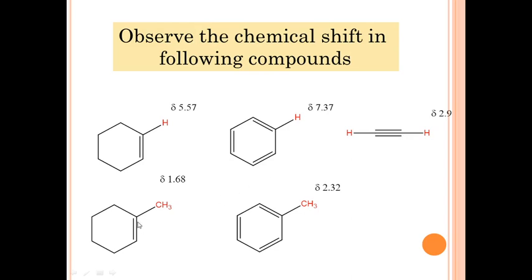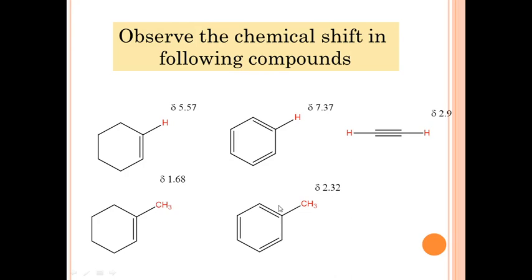In the third example, this methyl group of this cyclohexane shows chemical shift at 1.68, whereas this methyl group shows chemical shift at 2.32. There is a variation between chemical shift of these methyl protons.